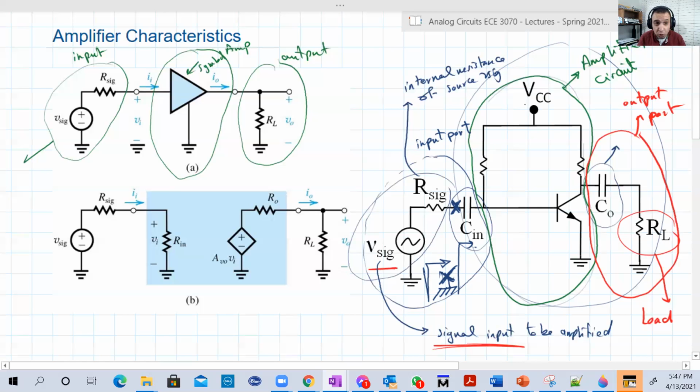So V Thevenin will be 0, and you will only have R Thevenin, which we're going to call our input resistance. Why? Because we are looking between the two terminals of the input, V signal and R signal. So we can reduce the amplifier circuit into the input equivalent resistance of the amplification circuit, this one here.